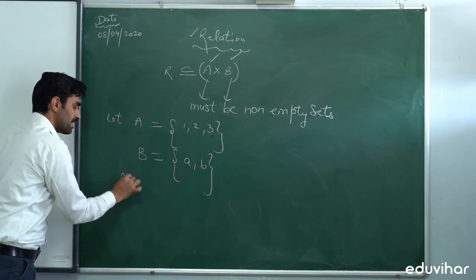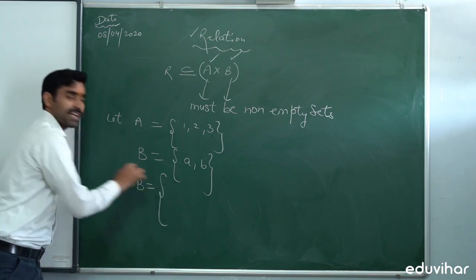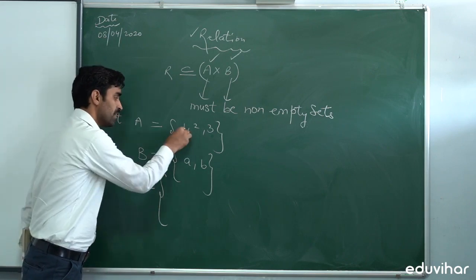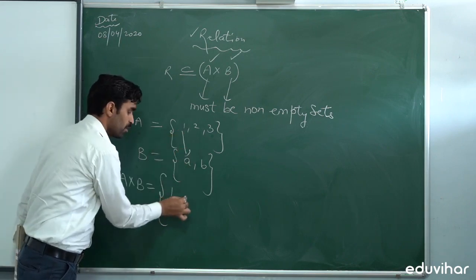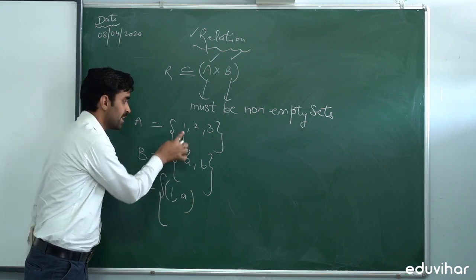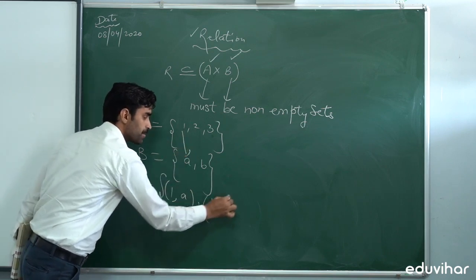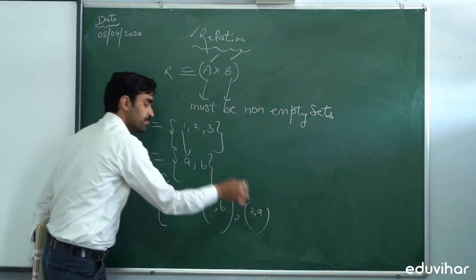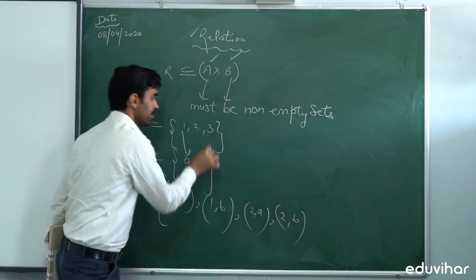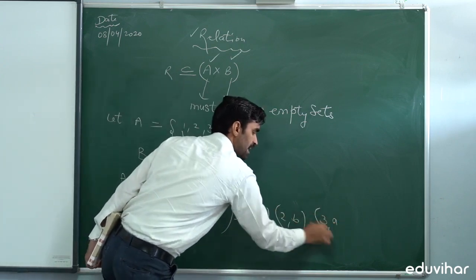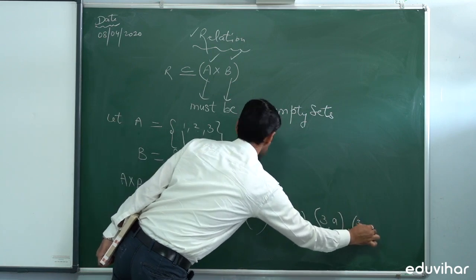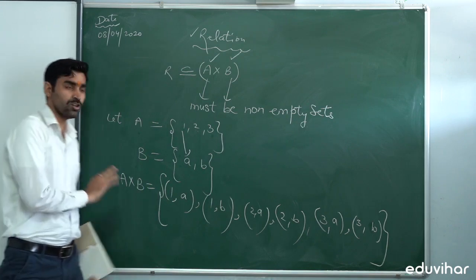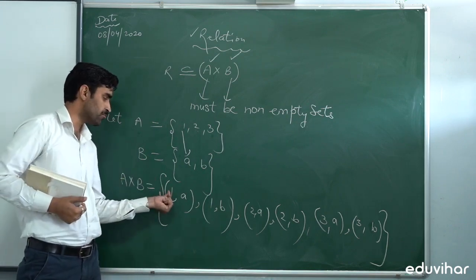Then, as we know, the Cartesian product of two sets can be written in the form of a relation, in the form of ordered pairs: (1, a), mapping of 1 with a, then (1, b), mapping of 1 with b, (2, a), (2, b), (3, a), and lastly (3, b).